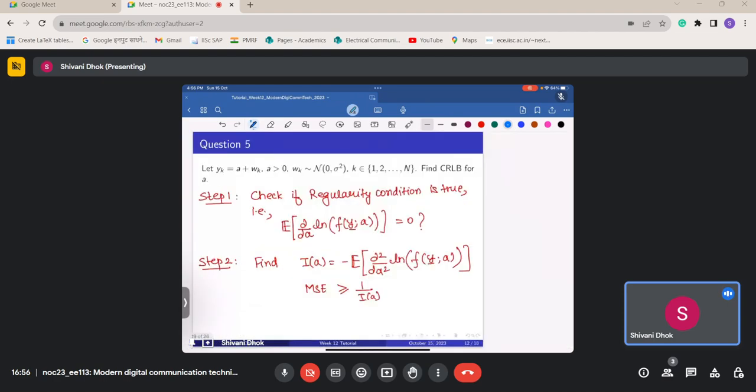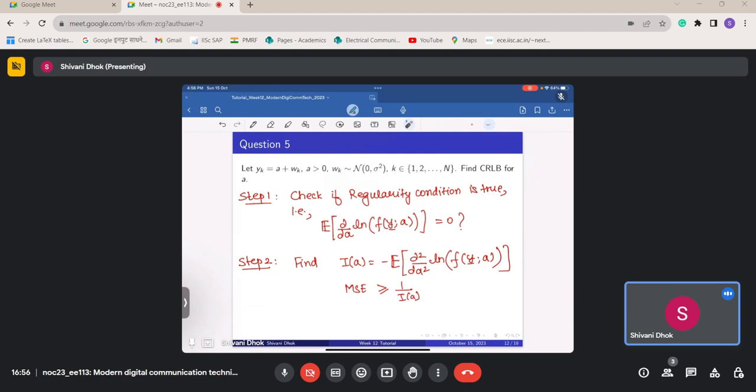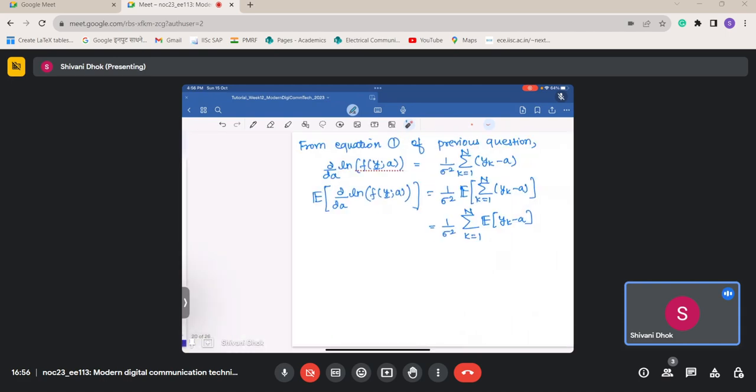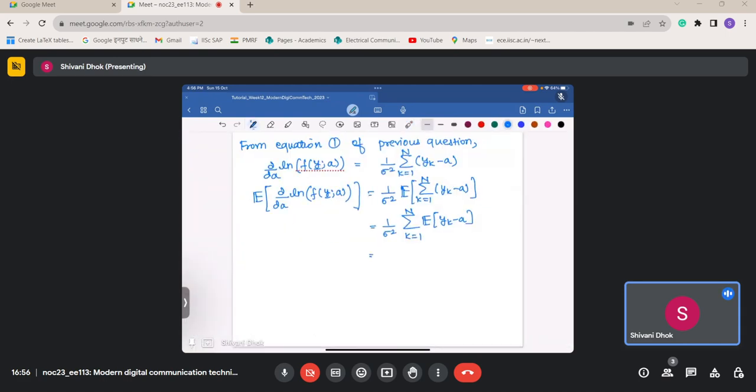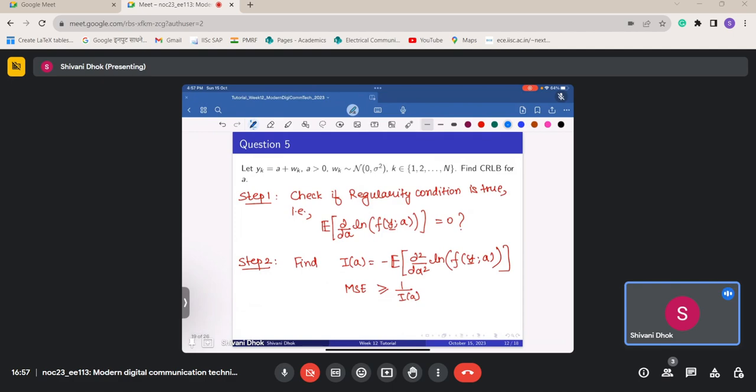Now if you look at this equation, y_k equals A plus w_k. So y_k minus A is simply equal to w_k, and the expectation of y_k minus A equals the expectation of w_k. So I can write this as 1 by sigma squared, summation k running from 1 to capital N of the expectation of w_k, and these w_k's are zero mean with variance sigma squared.